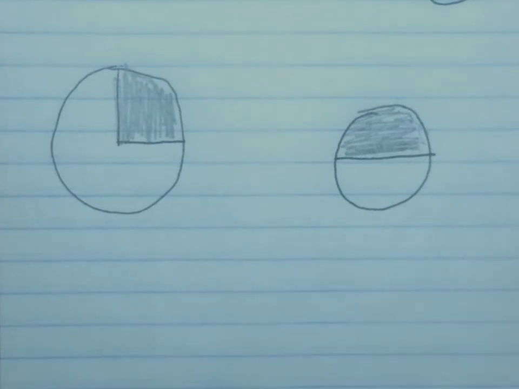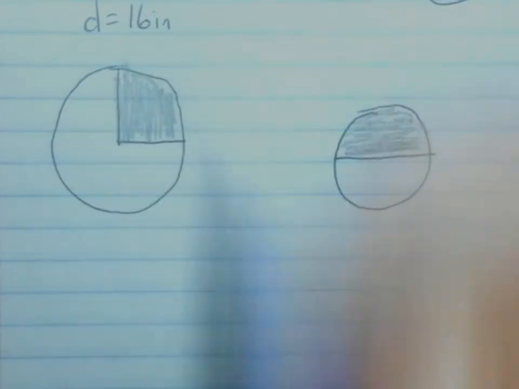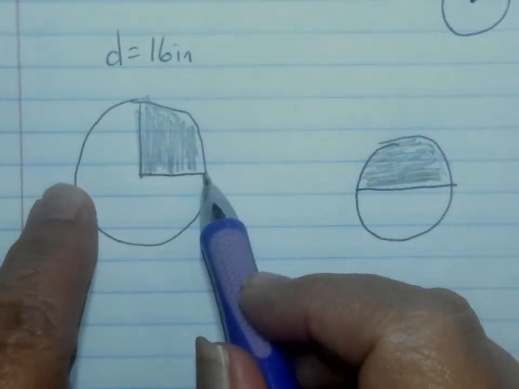Do you know how they measure pizzas? By the diameter, right? So let's say this is a 16-inch pizza. You'll see it sometimes on the wall of the pizza place, or the menu might say 16-inch pizza. That 16 is telling you the diameter.